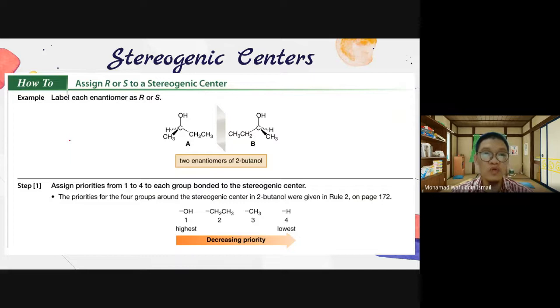To label R and S, you look at enantiomer A and B, the two enantiomers. First, number the priorities. OH will be number 1, CH3 number 2, CH3 number 3, and number 4.